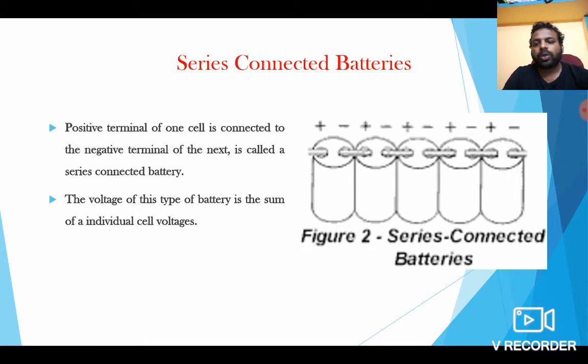The voltage of this type of battery is the sum of the individual cell outputs. For example, if you need a 12 volt battery output, you have to connect 6 separate cells in series. Just assume that each battery produces 2 volts, so 6 into 2 is 12, and you can get 12 volts of power output from the battery.